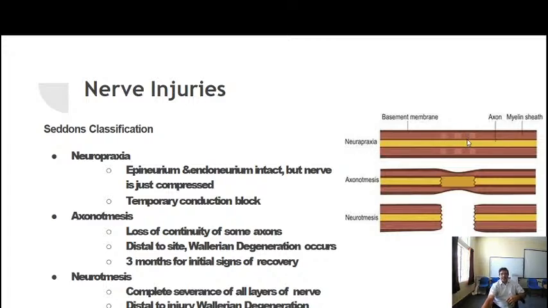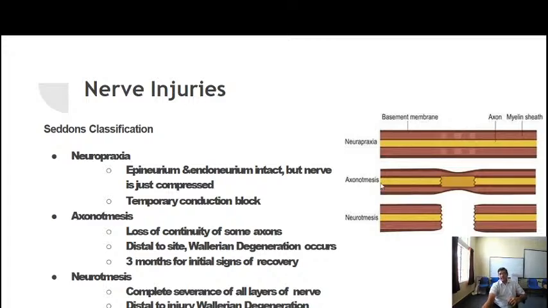The myelin sheath is intact, the axon is not even damaged, but there is a small compression, a small decrease in the flow, so the nerve conduction becomes slow. This will recover usually in 2-3 days. It's highly temporary.